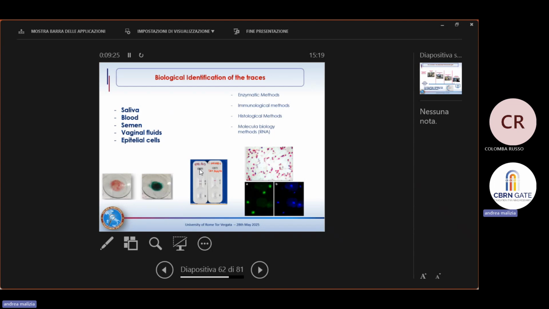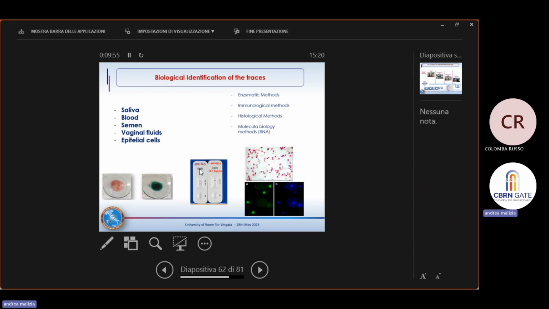So whether a trace is blood, saliva, semen, vaginal fluid, or epithelial cells, you can understand that having saliva from an item in a sexual crime is different from having semen. So it's important to identify the nature of the traces.